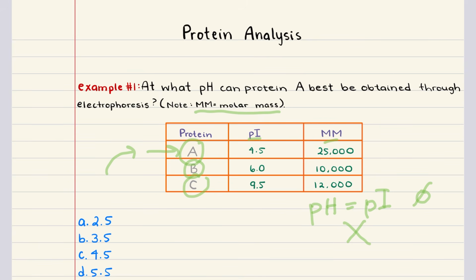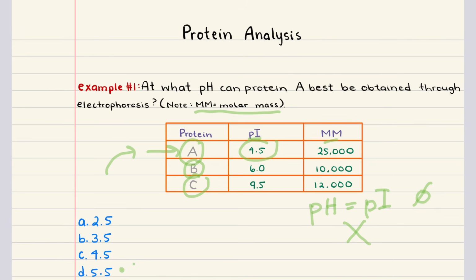Protein A has a PI of 4.5. So at a pH above this, it's going to migrate towards the positive electrode. Looking at the answer choices, option D is pH 5.5. This is slightly above protein A's PI, which gives it just enough negative charge to move through the gel.